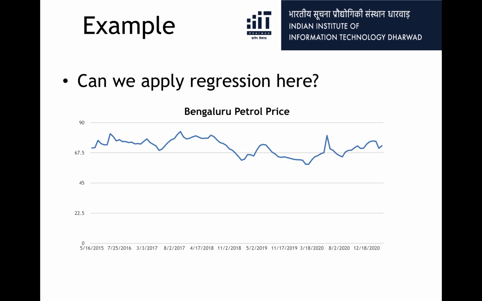So we collected some data. This is the price of petrol per liter in Bangalore city. So this keeps varying over time. So this data set shows its values for about 5 years, right? So how the price of petrol has changed over time. Now, if you look at this, the x-axis is time.